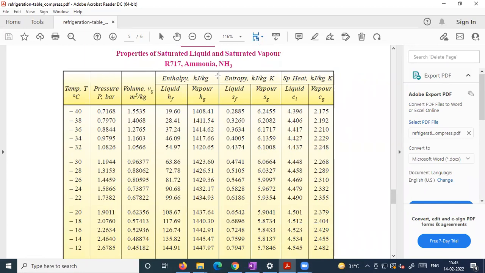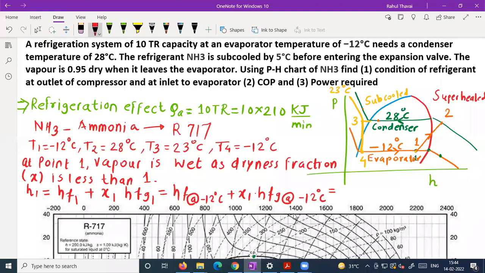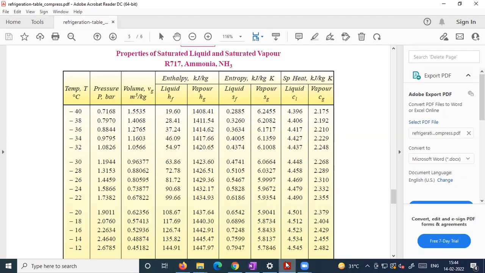The same sort of table we have seen in thermodynamics for water, where we saw all these properties already. Now we are seeing it for refrigerants, and here the refrigerant is ammonia, that is NH3. Can you see the temperature minus 12? We want the same temperature, right? We need to calculate the values at minus 12 degrees Celsius.